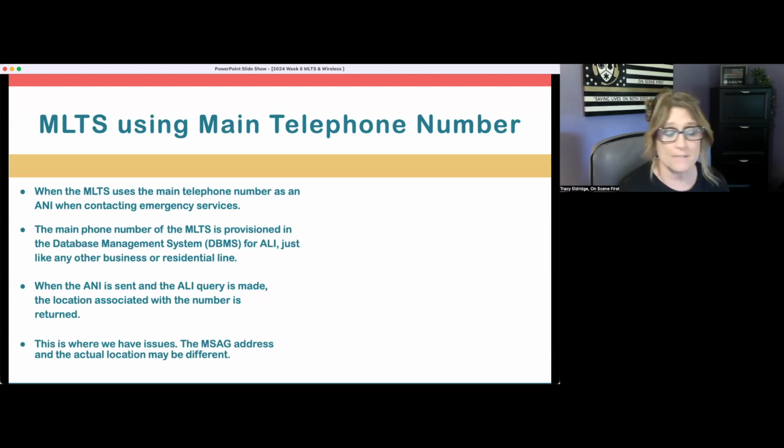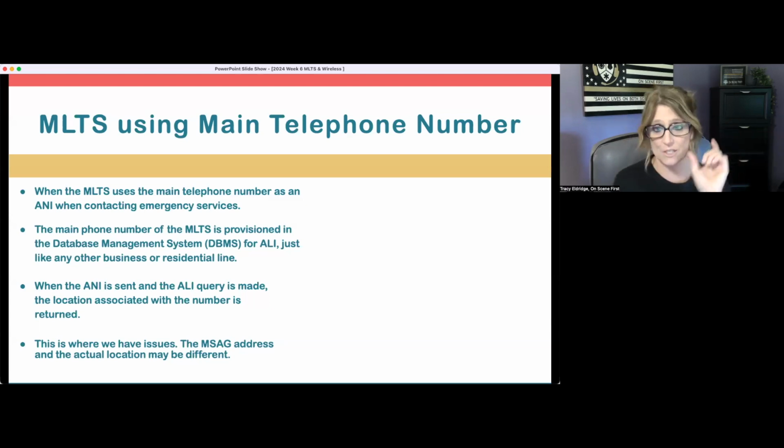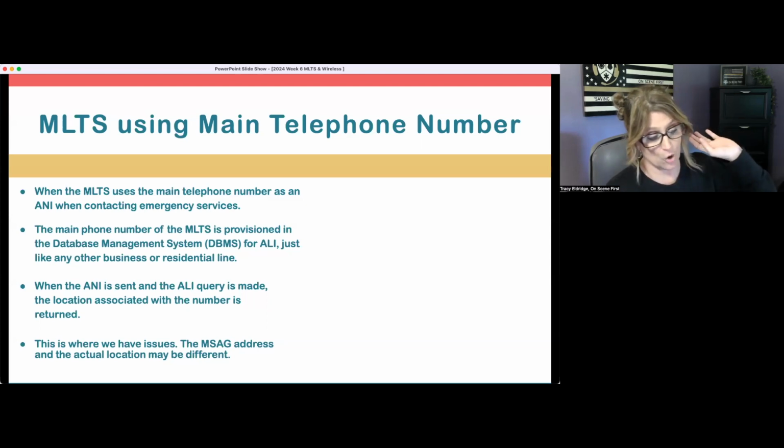Just like any business or residential line, it basically says this phone number is attached to this address, and that's it. It doesn't give any more information as to, if this is the cafeteria building, this is the library building, this is the fourth building on the right, this is the fifth floor. It's not giving additional information. It's just saying this phone number is attached to this address.